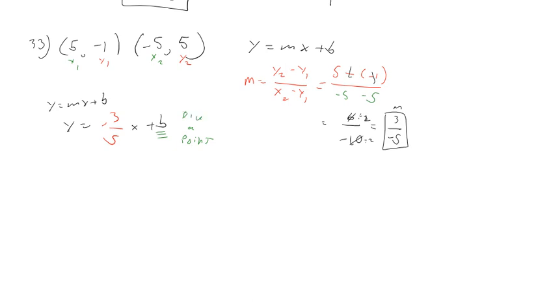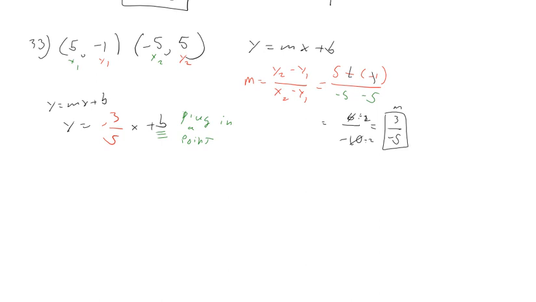You're going to plug in one of your points here, 5, negative 1, or negative 5, 5, into x and y, and then use that to find b. That's a really easy way to find this equation. You need to use the slope, and you need to use a point.